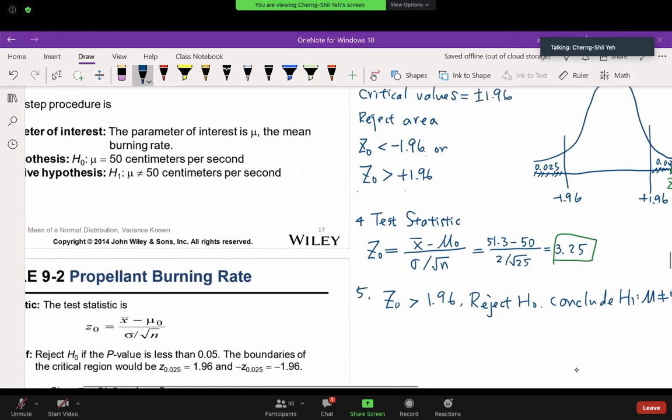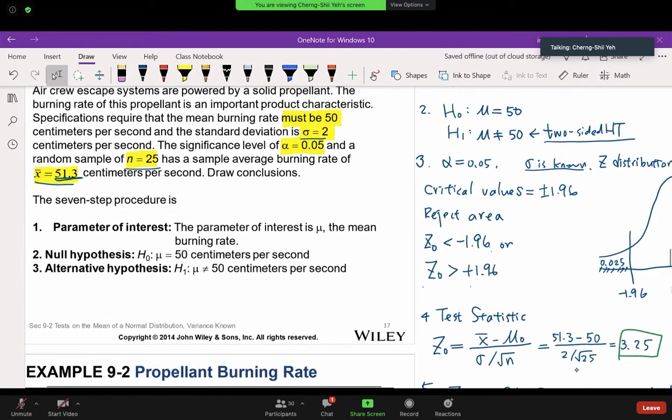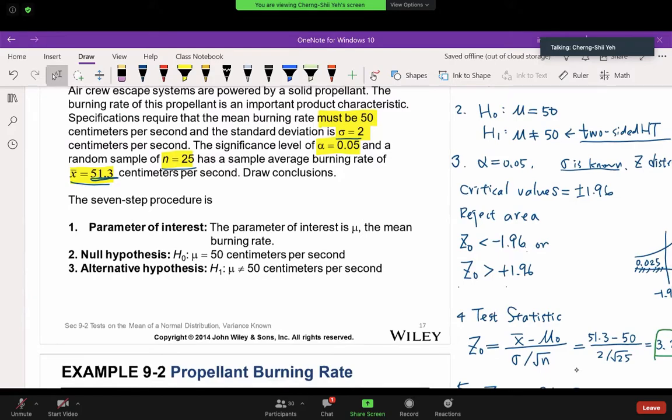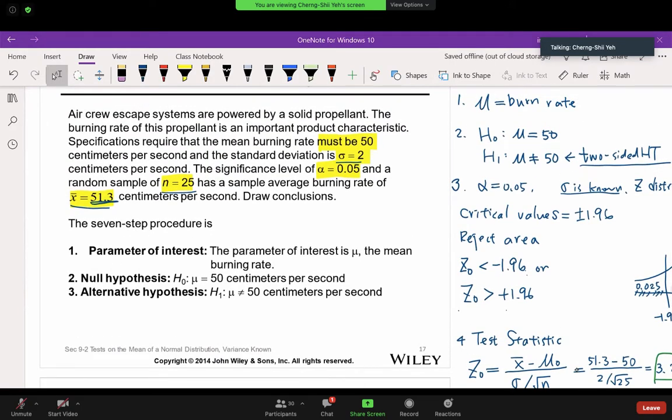Let's go back to this problem description one more time, and I'll explain why this is important. We're trying to prove if our process is meeting the specification. If it does meet the specification, mu is 50. This means we meet the specification.